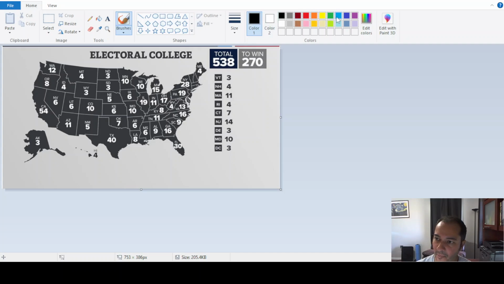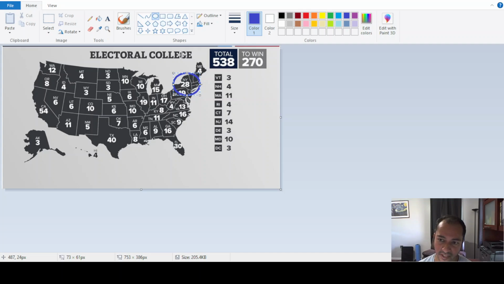So let's say the Democratic Party wins the majority of the votes in New York, then all these 28 electoral votes will go to the presidential representative for the Democratic Party.